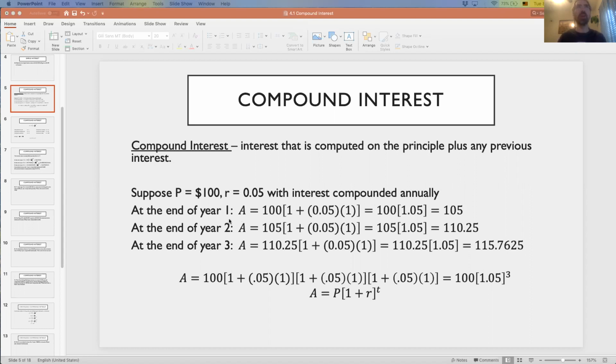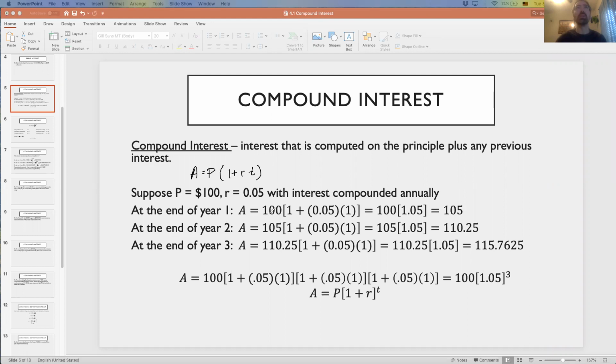So at the end of year one, we can calculate how much our accumulated amount will be using that A equals P times 1 plus RT formula, where P is 100, R is 0.05, and T will be 1, because we're calculating this at the end of year one, and each subsequent year will be T equals 1, because we're calculating the interest after each year.